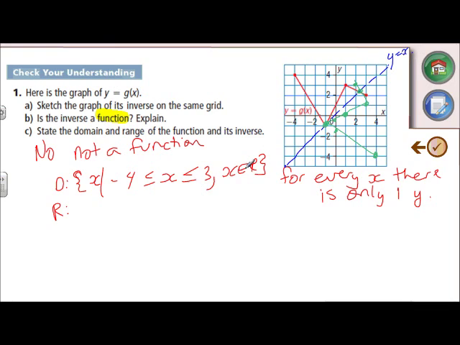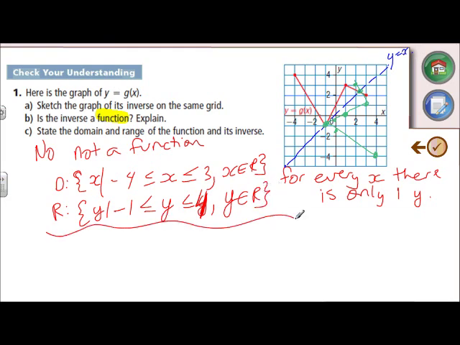And our range starts at -1 and goes all the way up to 4. And that's also real numbers.